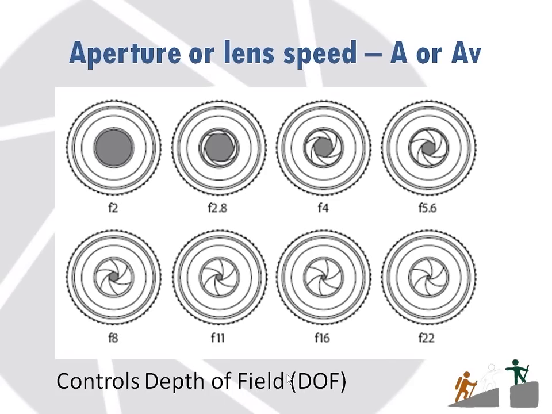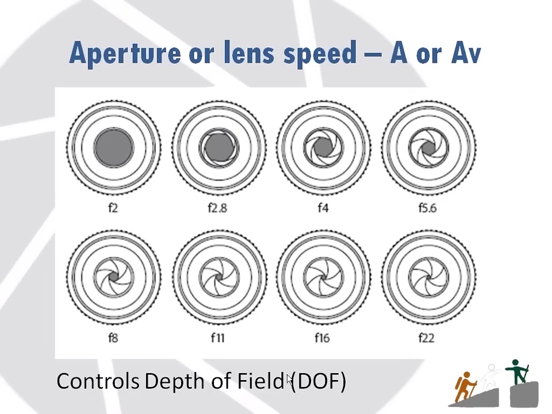F2 will anytime give more light. That means when you are in a darker situation, you will be able to get a higher shutter speed. I'll explain why it happens. I have to explain another theory for that. So the more light it allows, the faster the lens is called and the more expensive it is.